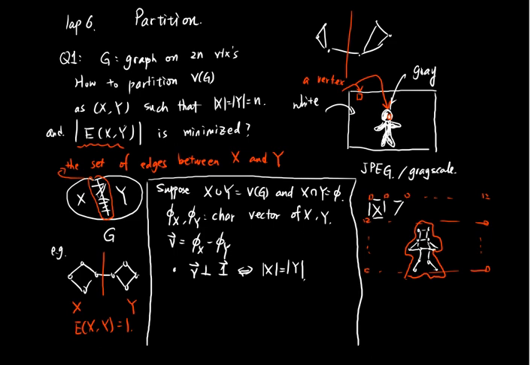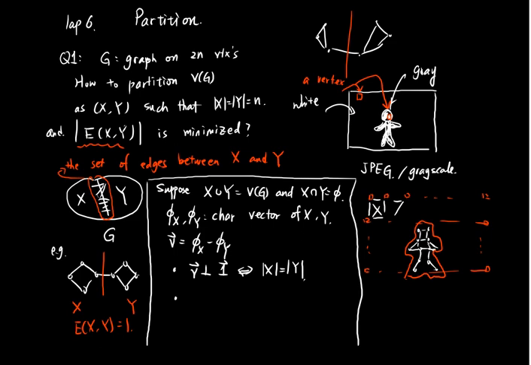There are |X| copies of 1s and |Y| copies of minus 1s. So if the sum is equal to 0, |X| should be equal to |Y|. The sizes are the same. So this is the first condition. We want it to be balanced.